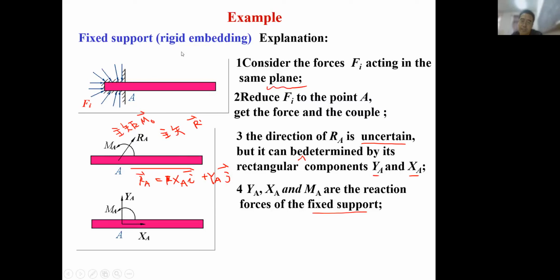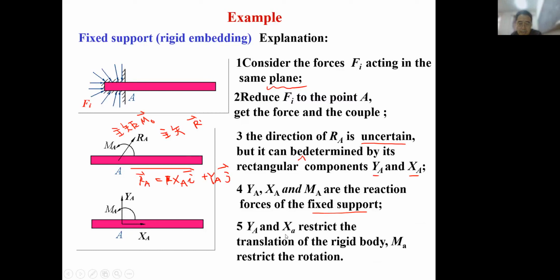If it is fixed, these three movements are prohibited by three reaction forces. So we have the same result with a different method of explanation, this time from the reduction of a force system in a plane. I hope you have a better understanding. We still have about 5 minutes, so we'll continue.